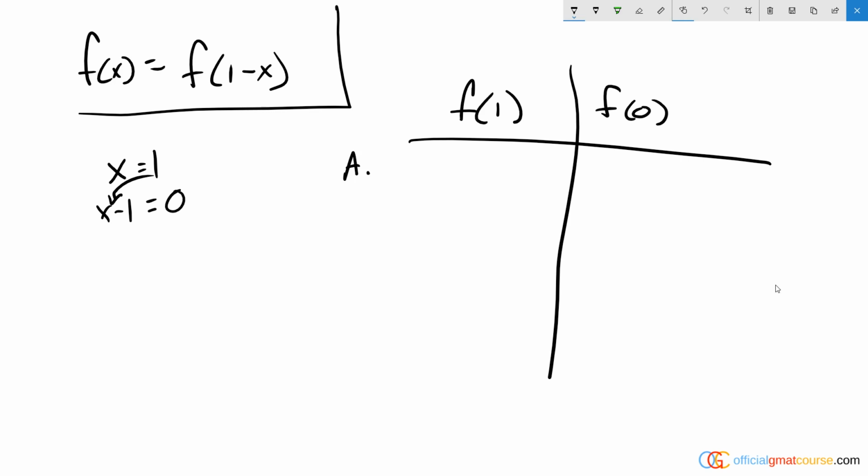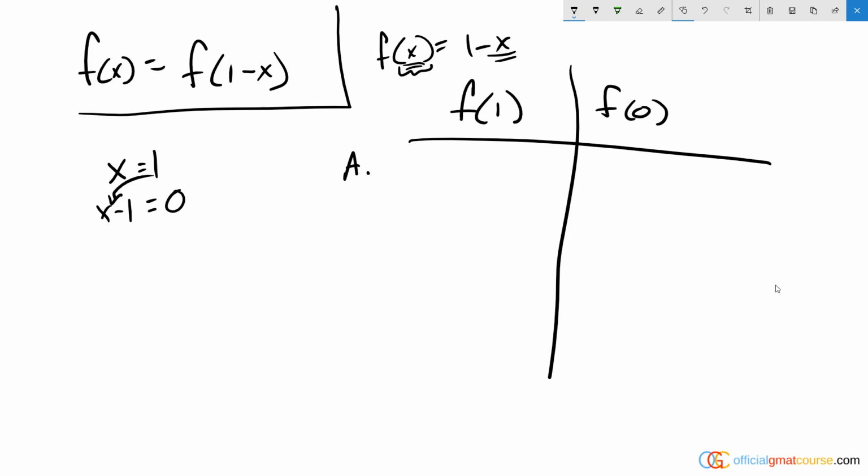Looking at answer choice A, f of x equals 1 minus x. Well, when we have a function like this, whatever is in the parentheses is going in place of x in this equation. And if you need help with functions, definitely check out our other videos on functions. But we're going to just breeze through this one, and this one is a little simpler than it could be.